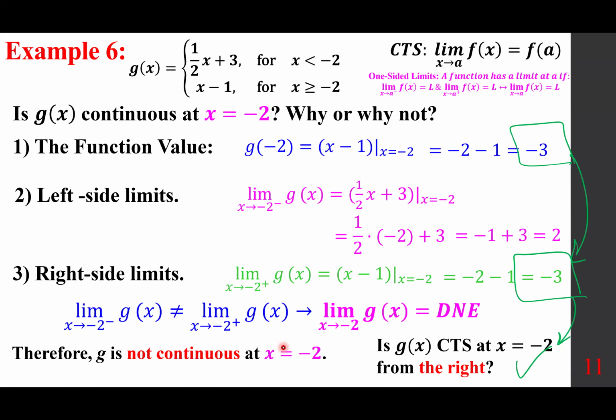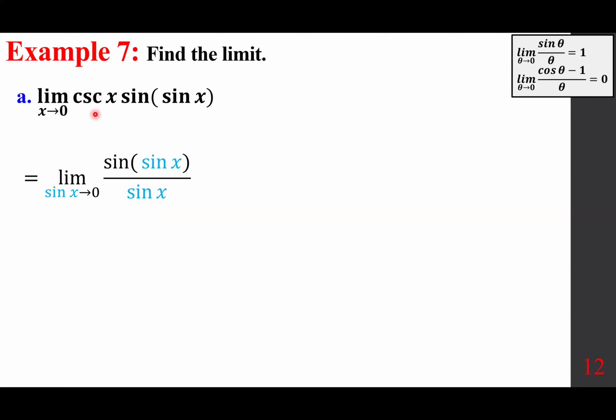All right, find the limit, and by now you have various techniques. You can go with any technique, but if we stick with what we have, remember cosecant is 1 over sine. So we're going to replace that with 1 over sine, so it becomes the denominator. What you should notice is this. I'm going to change this to sine, and this is sine of sine x over sine x, and I'm going to change the x to sine x.